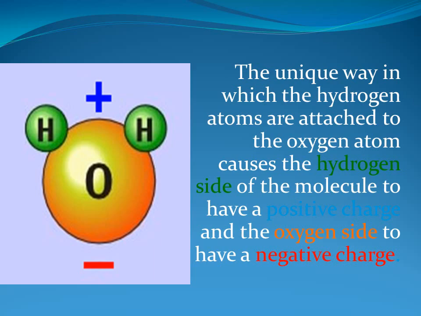Similarly, hydrogen has a positive charge and it is attracted to the negative terminal. That means negative is attracted to positive and positive is attracted to negative. So we can clearly see that hydrogen molecules have positive charge and oxygen has negative charge.